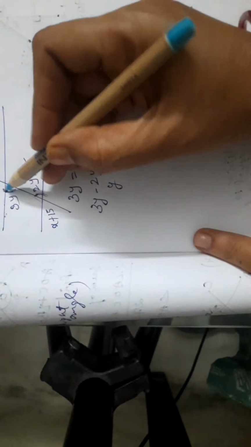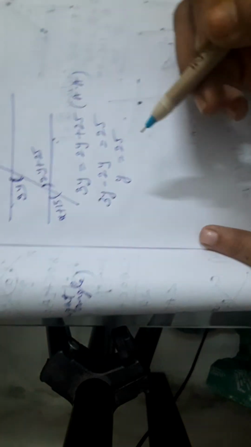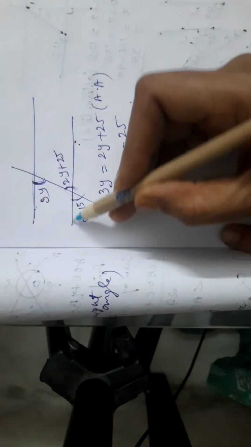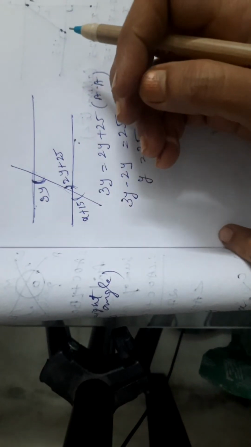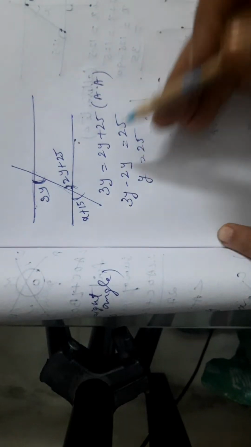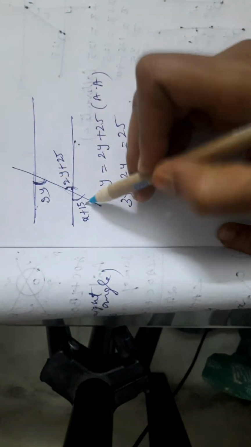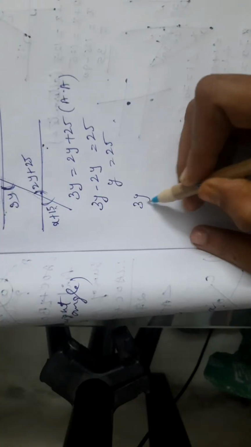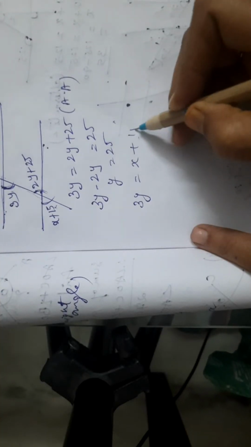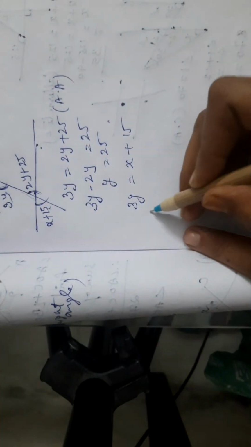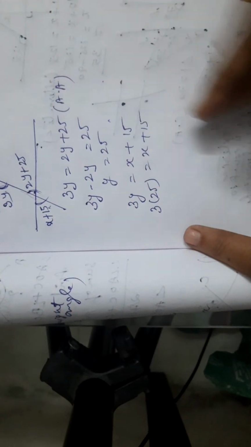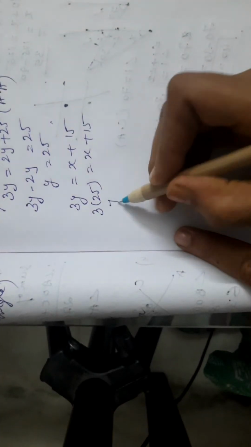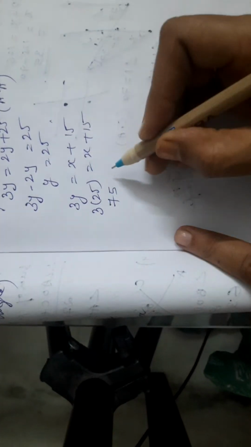Now these two angles are making a corresponding pair. Both are below the line. They're asking to find the value of x. So we'll make these two equal. 3y is equal to x plus 15. So 3 multiplied by 25 is x plus 15. 25 3s are 75.